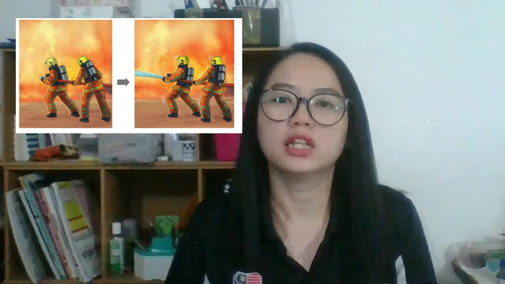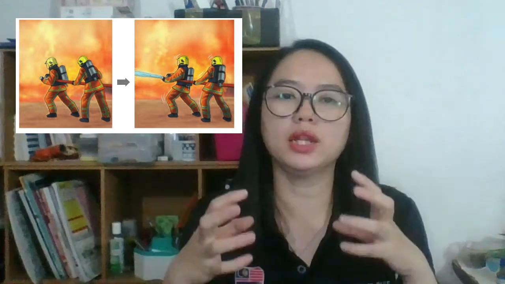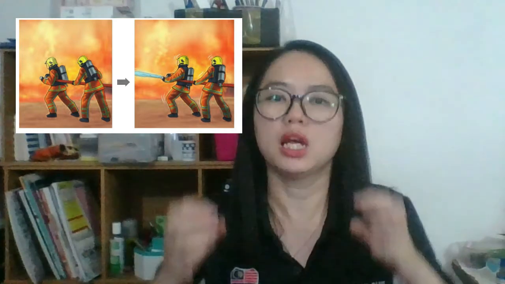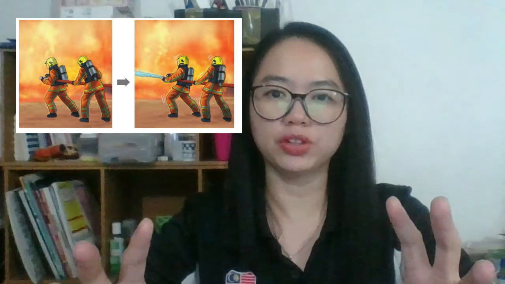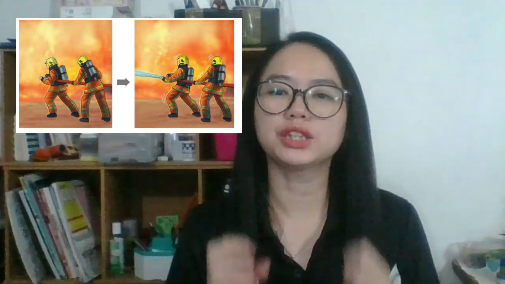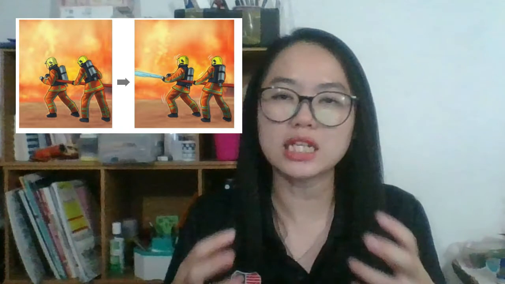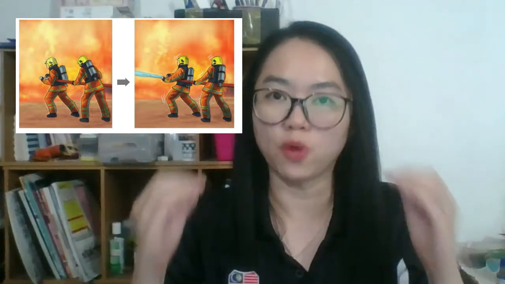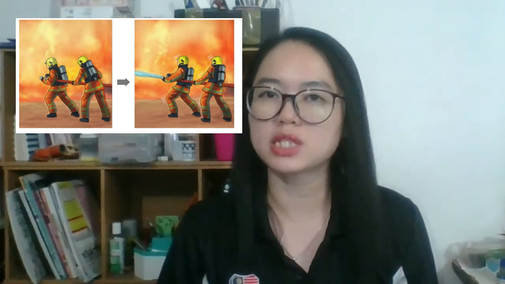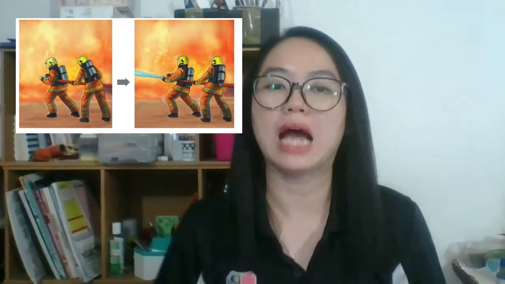Firemen are trying to put out a fire. The firemen in the figure are thrown backwards when the water at a high speed gushes out of the hose. Water gushing out of the hose at high speed has a high forward momentum. Due to this, two or more firemen are needed to balance the momentum by holding the hose tightly.